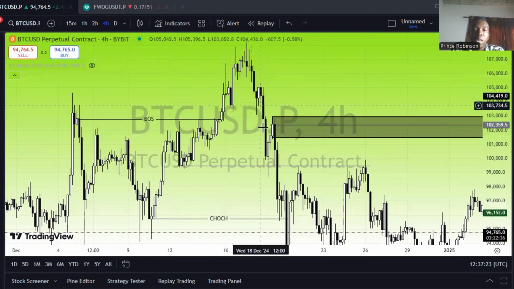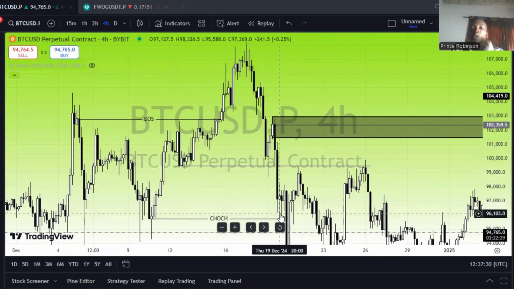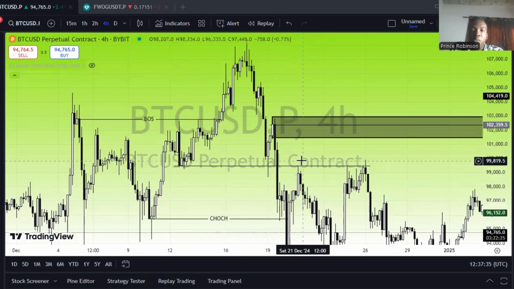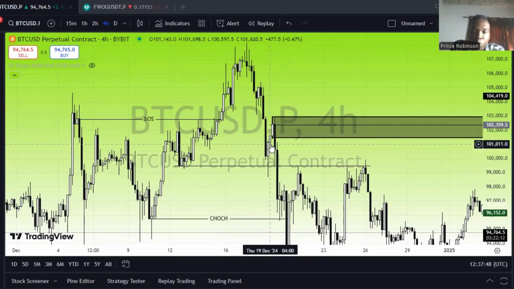All right. Now, unfortunately, price came down, respected this zone, gave us a swing, boom to the downside. Like I told you guys, for me to call a movement a retracement, it should be up to three candlesticks, which is one, two, three.